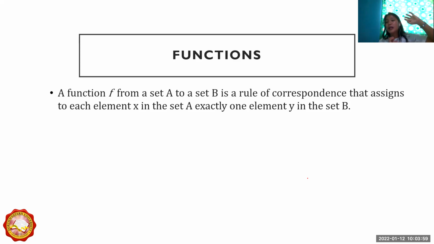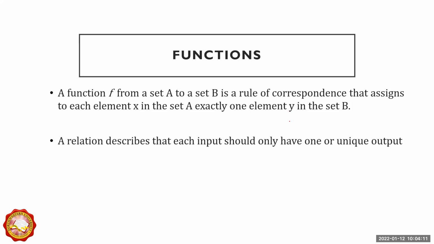And dapat, hindi mauulit or iisa lang ang pakakamapan ng elements na to. They should not be repeated. Okay? So, a function is a relation that describes that each input, ibig sabihin yung mga first elements, should have only one or unique output. Output is yung from the second set.